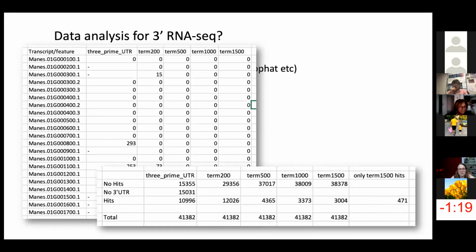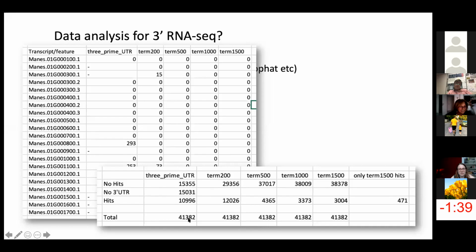A last calculation of statistics I show you with this graph. Again, I show you the different regions, UTR, 3' UTR, and then the downstream regions we were counting. So here you see how many of these regions have no hits.